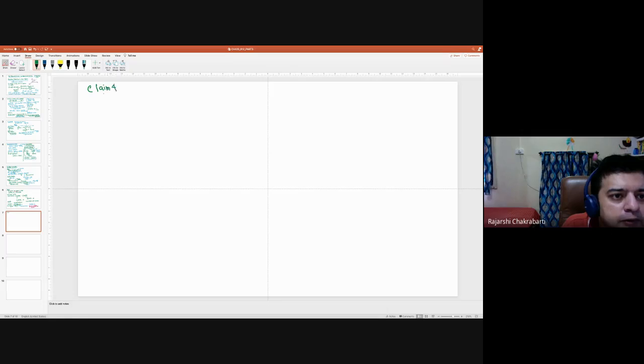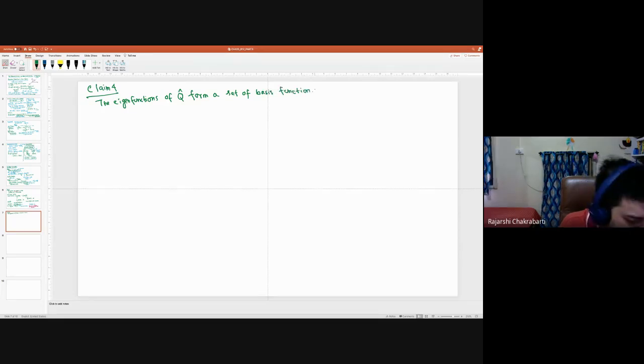Claim 4 says that, as you already know, the eigenfunctions of Q, which I have already said, form a set of basis functions.